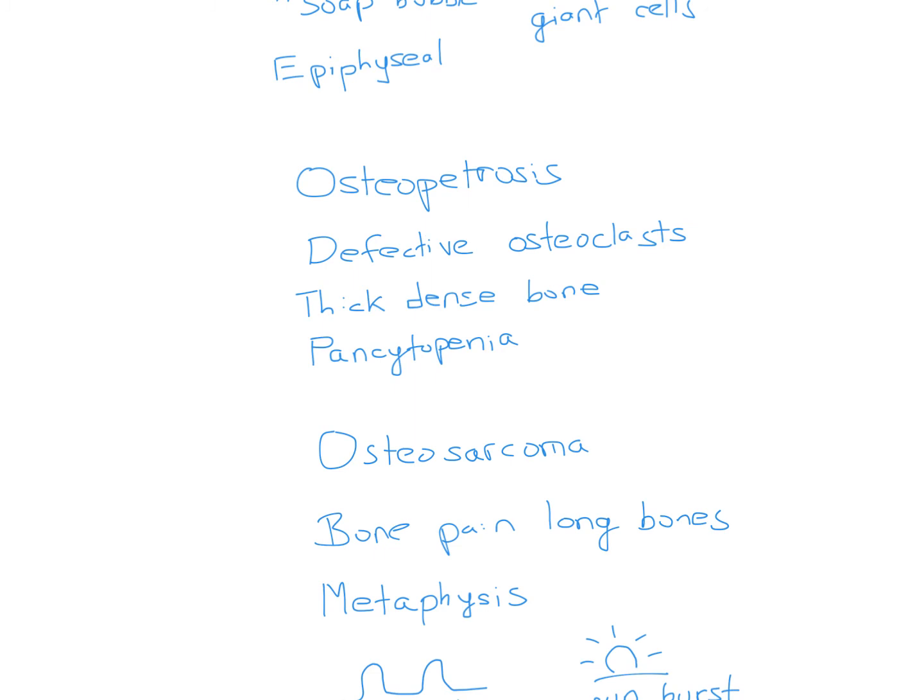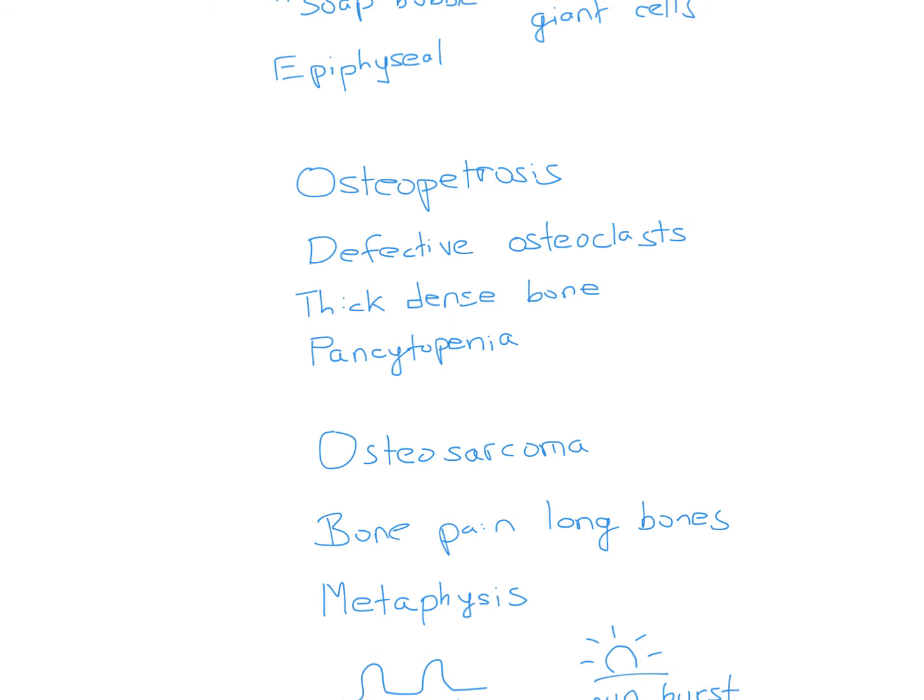So if you have too much bone there, they can actually crowd out the cell lines and cause pancytopenia, which is just the destruction of all lines, and cause extramedullary hematopoiesis, which means that if you can't produce your cell lines in bone marrow, you can end up creating them in other places, such as your spleen or your liver, like how you did when you were developing as an embryo.